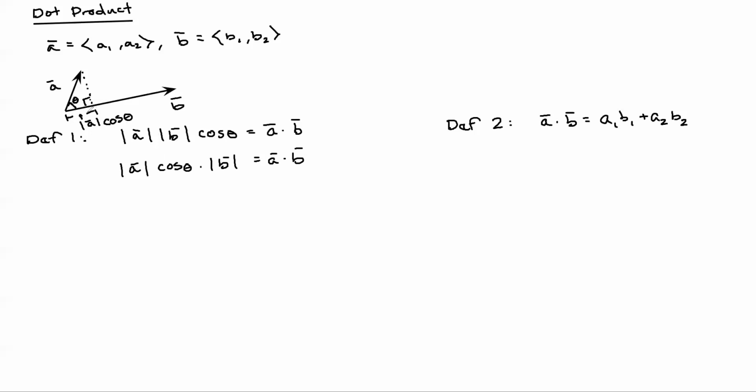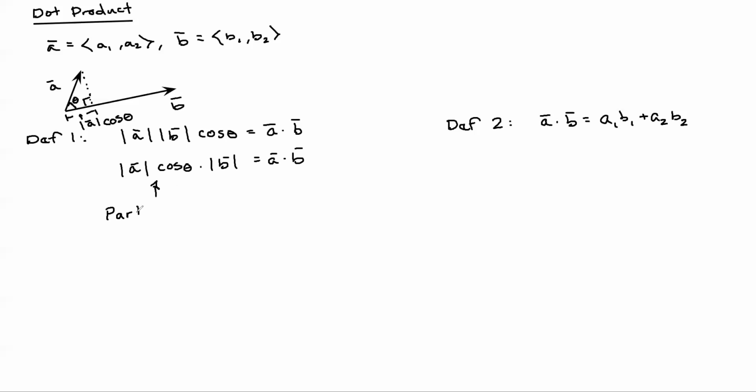It's the product of this piece here, which you'd get if you took A and dropped down a perpendicular line, this part of A, and multiplied it by B. This is interpreted to be the part of A that's in the same direction as B. We're taking the piece of A that points in the same direction as B, and then multiplying it by B. So another way of looking at it is that if you took A and aligned the part of it that is in the same direction as B and then multiplied it by B, then you'd get the dot product.